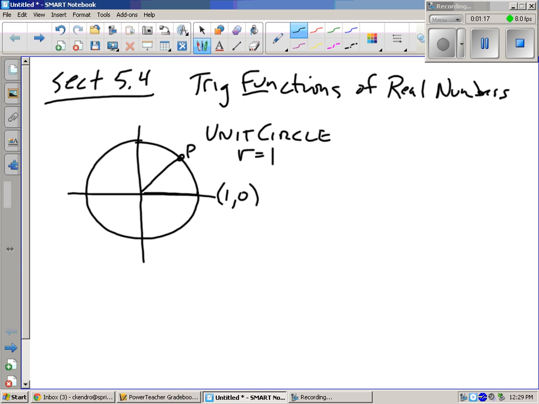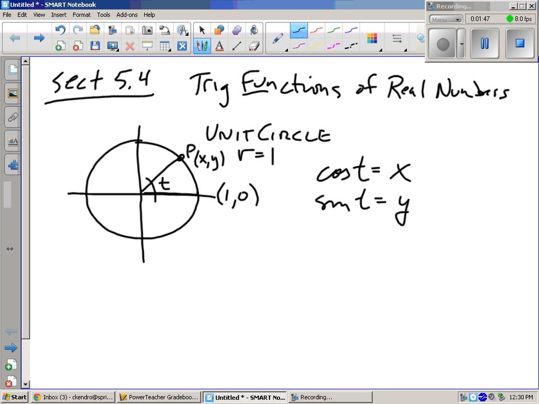We have point P here. It's labeled X and Y. And we have an angle. I'm going to use T because in real life things happen in a certain period of time rather than forming an angle. So what we can say then is the cosine of T has to do with the X value, and the sine of T has to do with the Y value. Now that's always been the case.